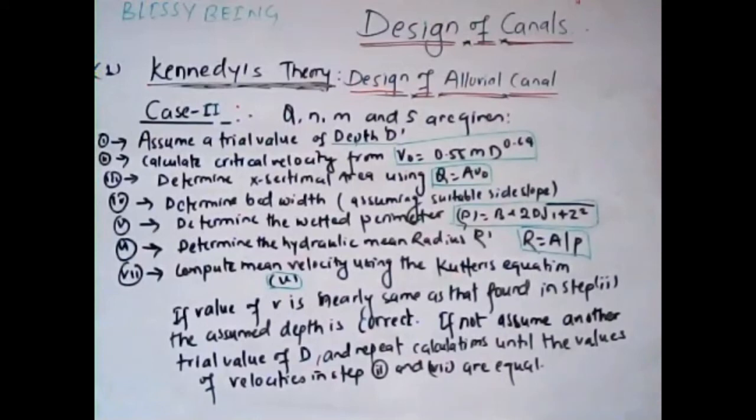If they are the same, then the assumed depth is correct. If the values are different and do not match each other, then you need to assume another trial value of the depth of the channel or canal and check the values obtained in step 2 and step 7 again. Until you find that these values are converging or nearly equal, you cannot assess the correct depth of the channel.